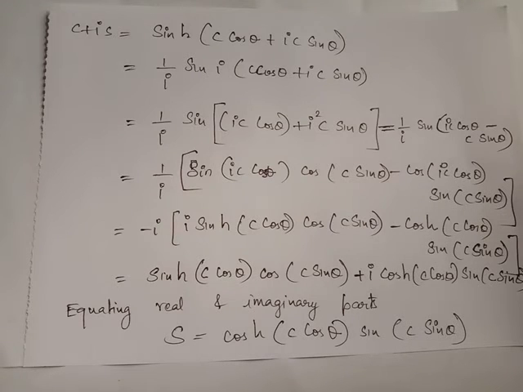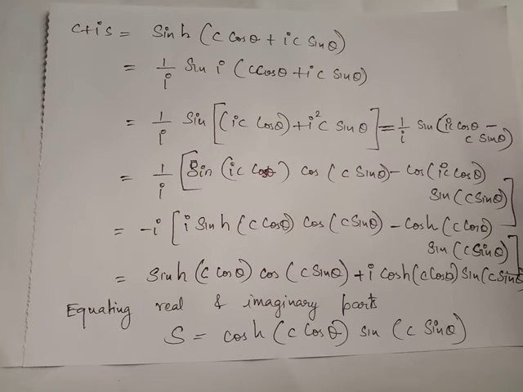We now replace sin ix by i times sinh x. We have sin(i c cos theta) replaced by i times sinh(c cos theta). Also, we can replace cos ix by cosh x. Therefore, we can replace cos(i c cos theta) by cosh(c cos theta).